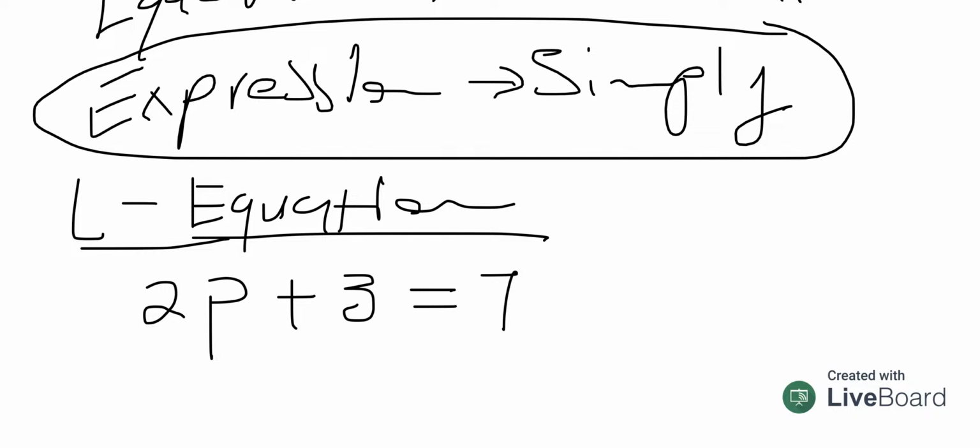It means we are going to solve. What are we solving? We solve for the letter. What letter are we having there? We have letter P. So that means in the end we must tell what is the value of that letter P, such that if we say 2 multiplied by that value which represents P and we add it with 3, it will be equals to 7. That's what we do when we solve.